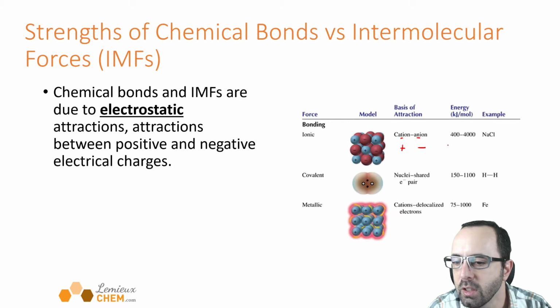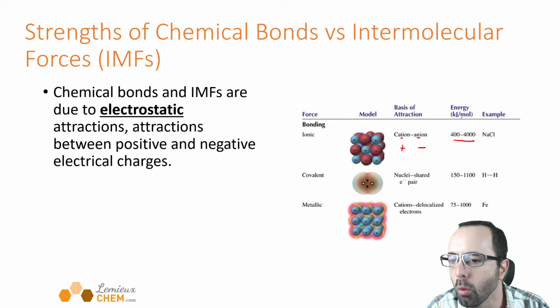And then this energy tells you how much energy it would take to break apart these ions from one another, in a unit called kilojoules per mole. We haven't talked about moles, but you know about joules. It's a type of energy. And so these ions have very, very strong attractions to one another, and for that reason, ionic compounds, their ions are really stuck together and they tend to be solids.